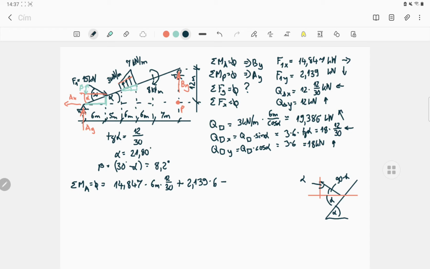Now I have to mark this as minus, so minus 18 times 12 over 30, this is the force, and multiply with the distance. Now the distance is this one in the middle of the rectangular shape, but we need the vertical distance, so that is 6 plus 5 plus 3, so that is 14. Yes, 14 times tangent alpha, 12 over 30.